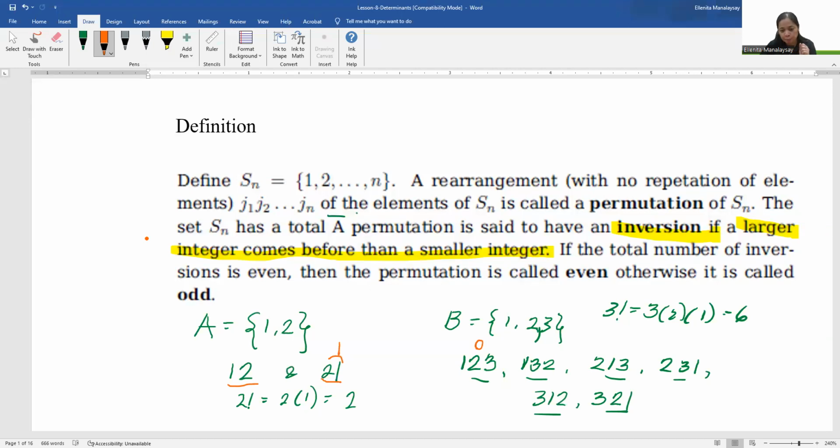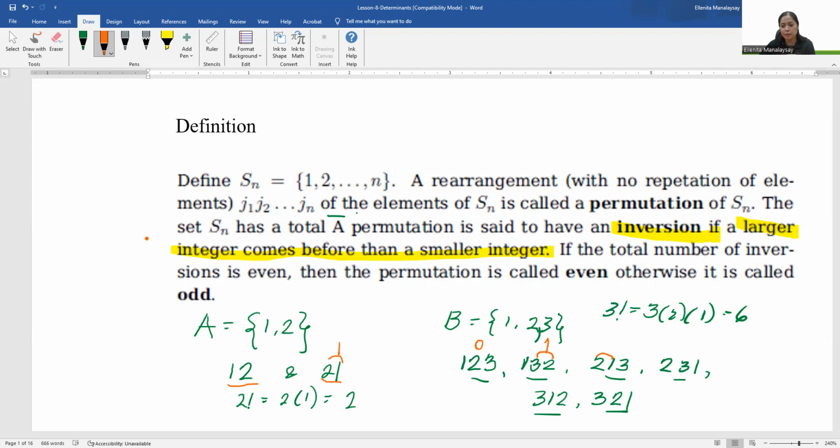While in the arrangement 1, 3, 2, 3 comes before 2, so there is one inversion. In the case of 2, 1, 3, 2 comes before 1 and 2 is larger than 1.